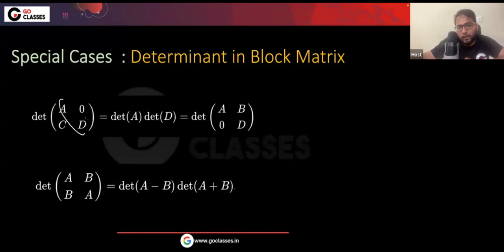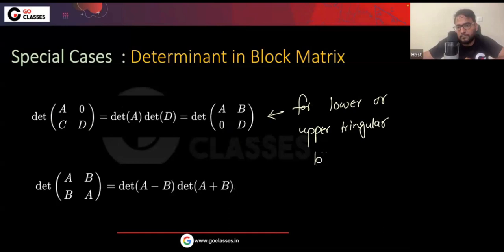A into D only. Similarly, A into D only, if this is lower or upper triangular. Understood?